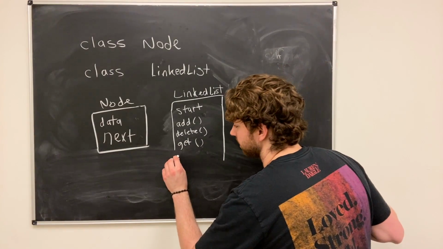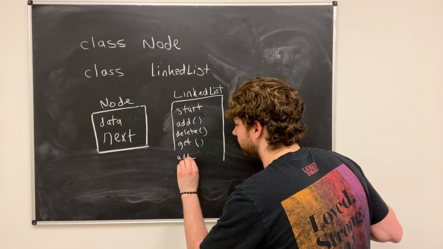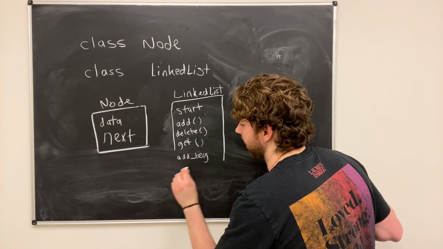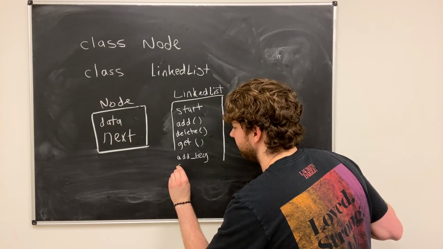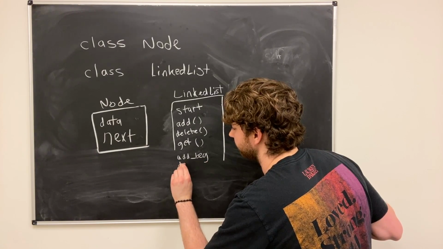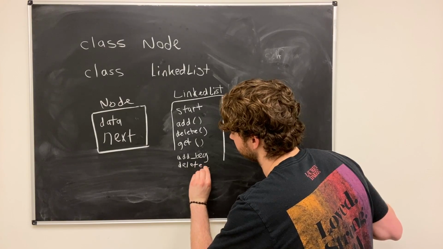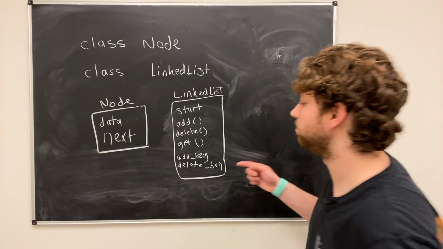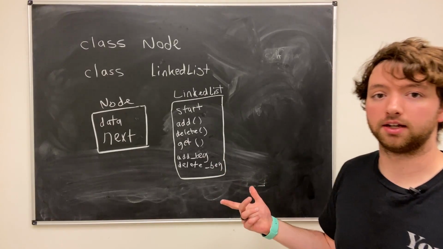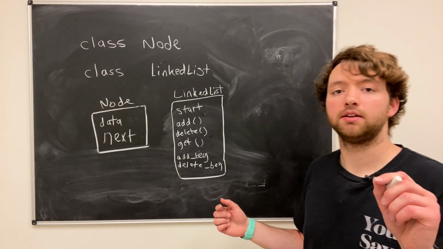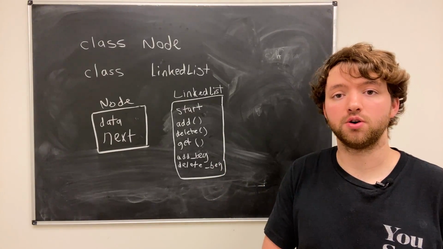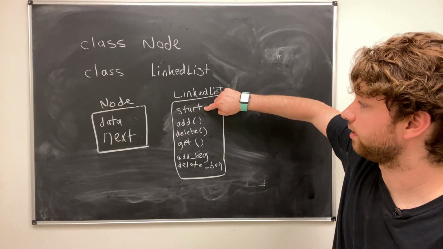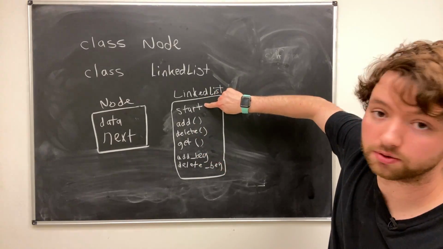So let's say we add those methods in here. We'll put add beg because it's long, and delete beg. So these would be invoked if you want to add or delete at the beginning. So how do you get reference to that very first node? That's right, this here. So these methods are going to use this.